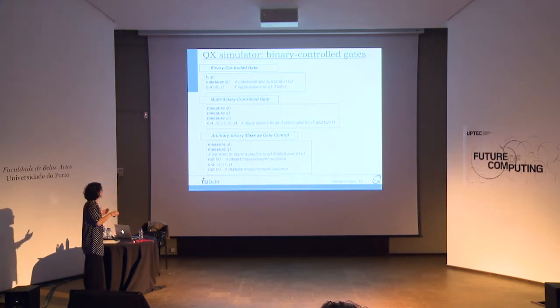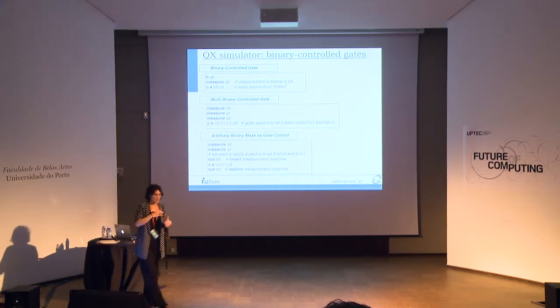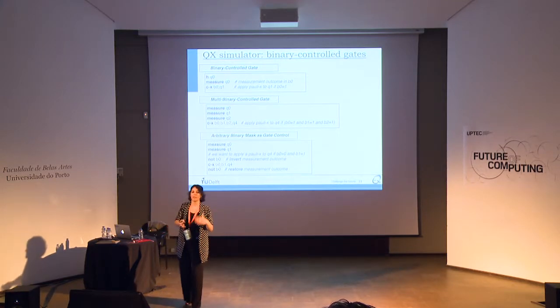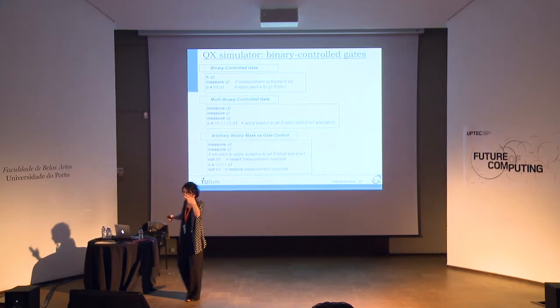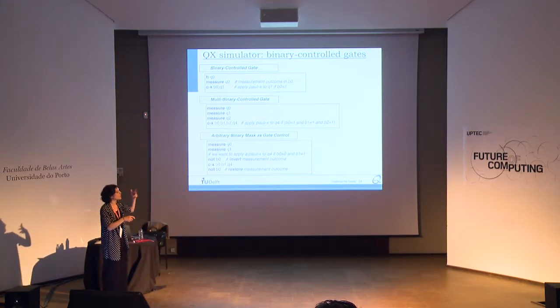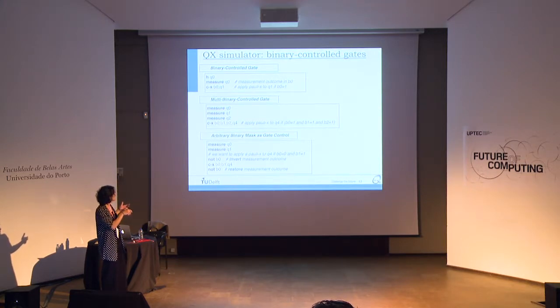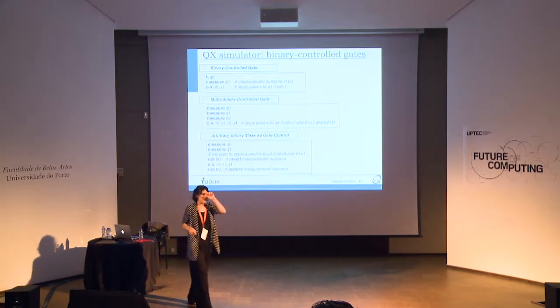Or we also have other control gates in which, if I want any other combination, I can apply a CX gate or invert the measurement result and then do the CX gate. Again, I didn't explain this very well.